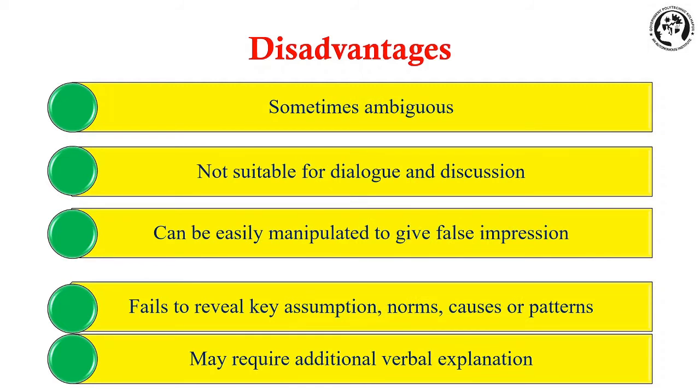Sometimes it is ambiguous. Ambiguous means it can give you more than one meaning, and the viewer may get confused with the pictures. It is not suitable for dialogues and discussions.